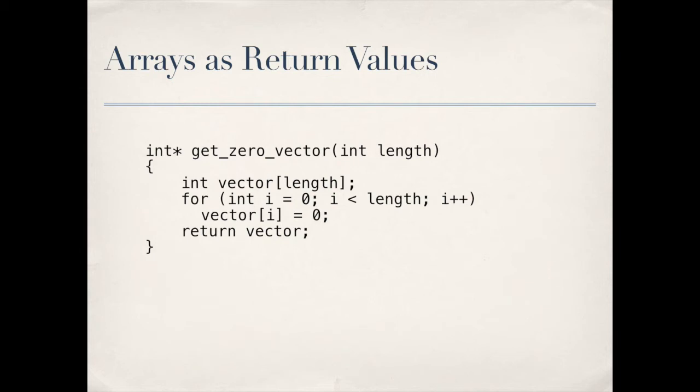Consider the following situation. We would have a function called getZeroVector, and this function accepts one parameter, namely length, and what it returns should be a one-dimensional array of length.